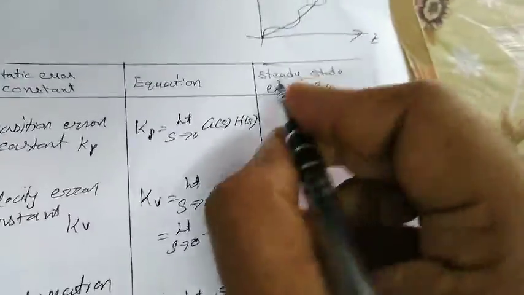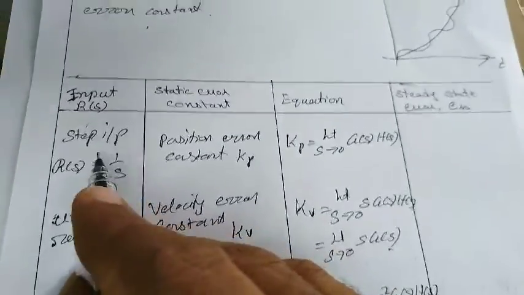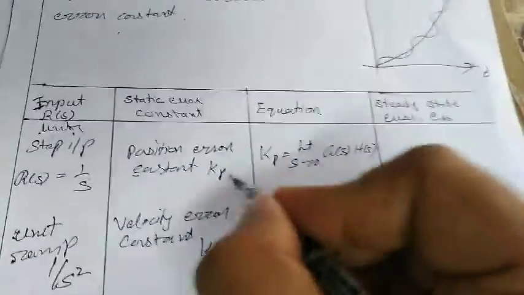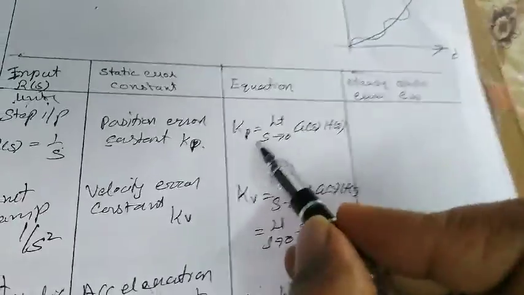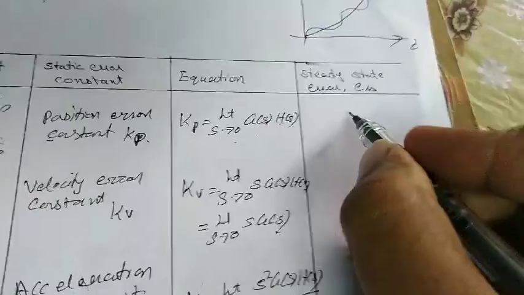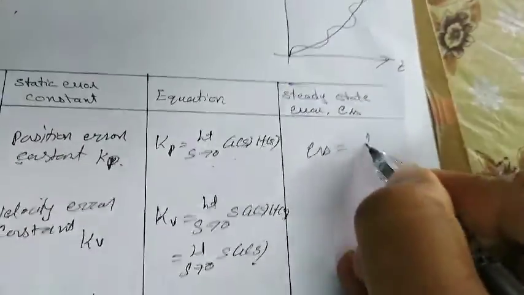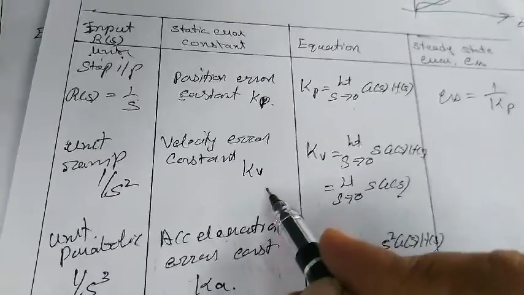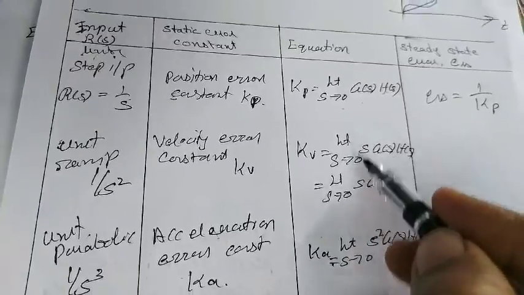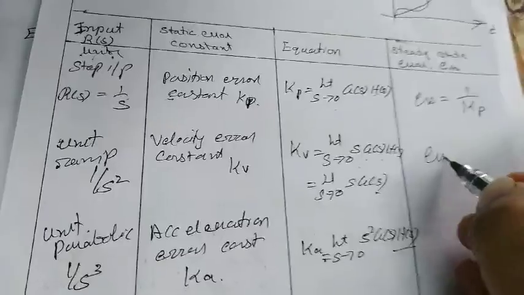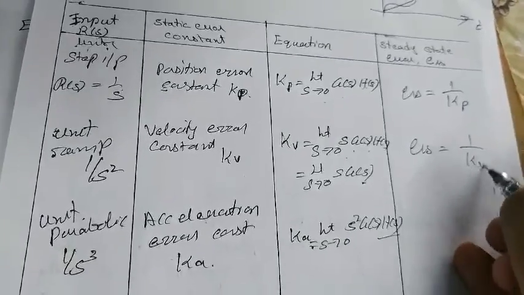So the steady state errors: when the input is unit step input we get the positional error constant Kp, and the equation for Kp is limit s tends to 0, g of s h of s, and the steady state error ESS is given by 1 by (1 plus Kp). Similarly, for unit ramp input, we get the velocity error constant Kv, given by limit s tends to 0, s into g of s h of s, and ESS is given by 1 by Kv.